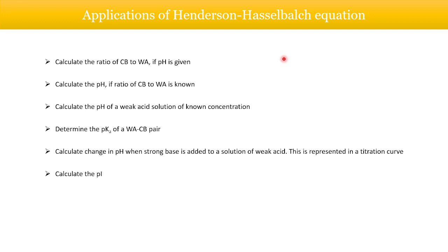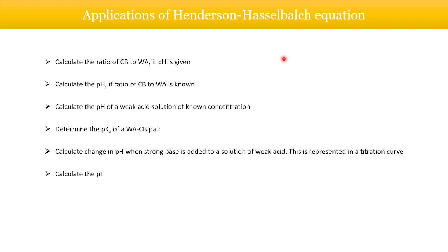If the pH is known, or you are asked to calculate and prepare a buffer of, say, 20 millimolar at pH 7, say you are preparing an acetic acid buffer, you know the pKa value, and then you can calculate the conjugate base concentration and the weak acid concentration. Then you can measure sodium acetate, take that amount of acetic acid, put it in, and prepare that buffer. So it is important to calculate this particular ratio.